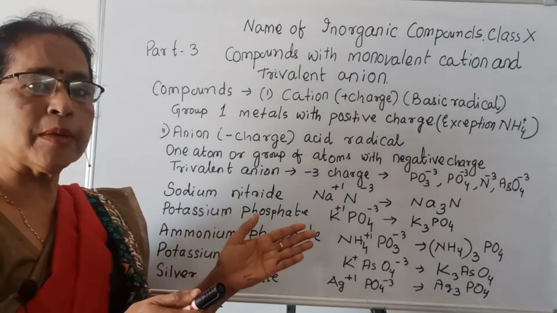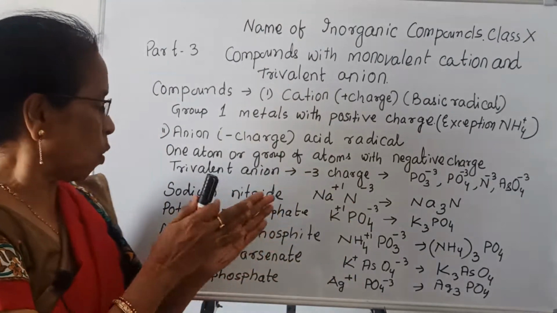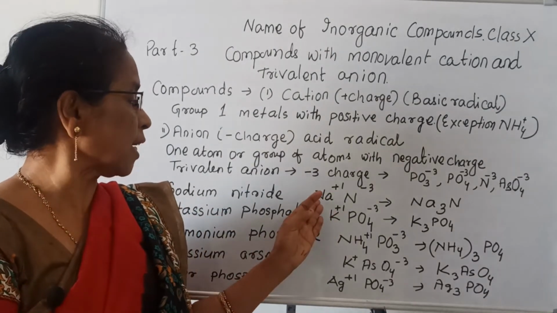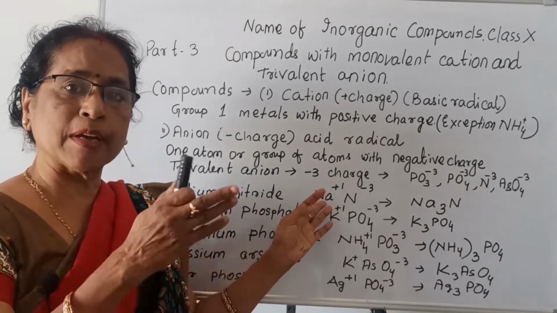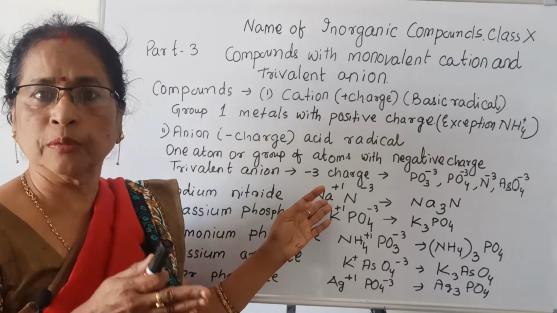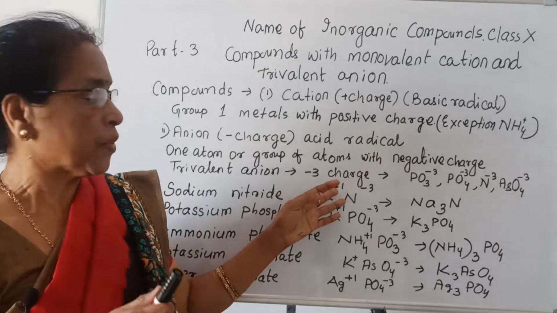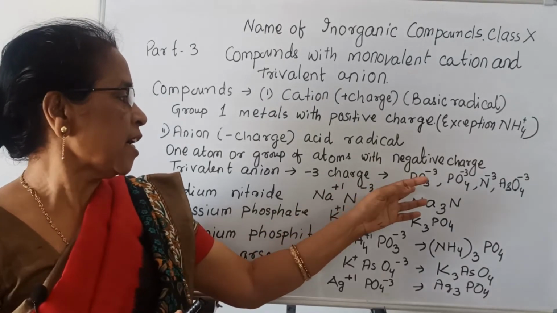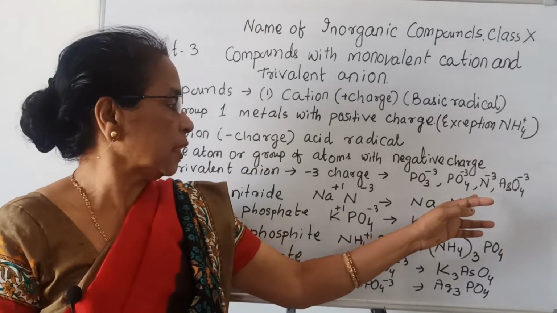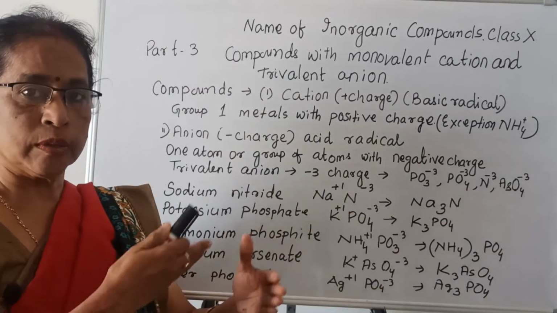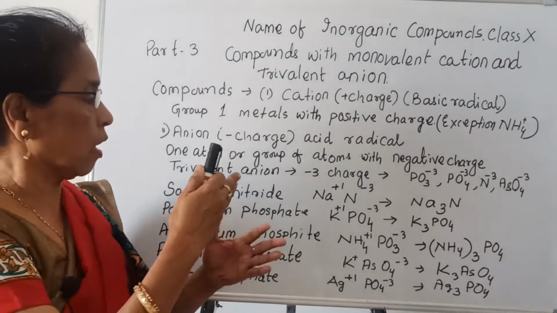You will see what the question is first. Sodium nitride. Sodium nitride means Na having plus 1 charge, because sodium belongs to the first group and the charge is plus 1. And nitride, I told in the example, is minus 3. Now how do you put the proper naming?